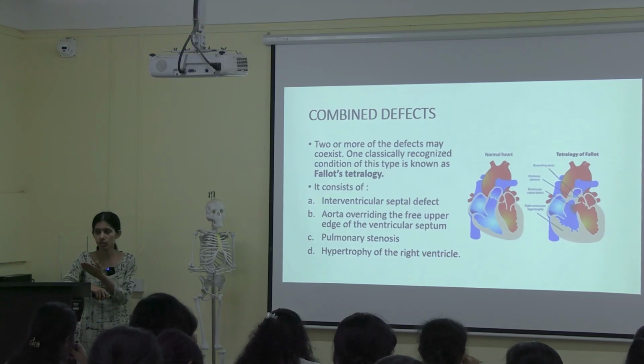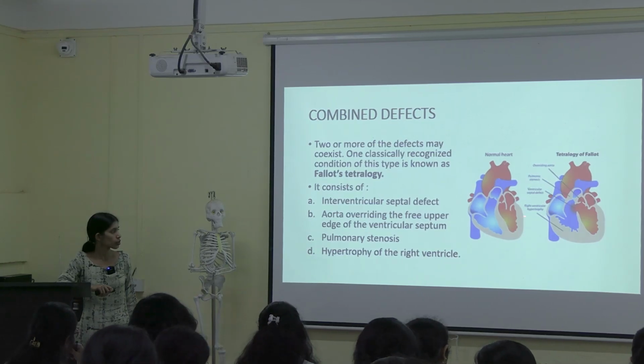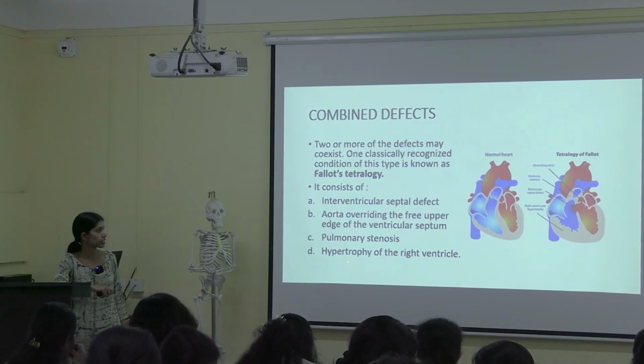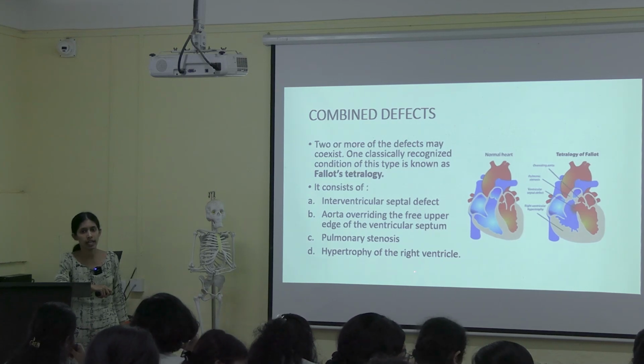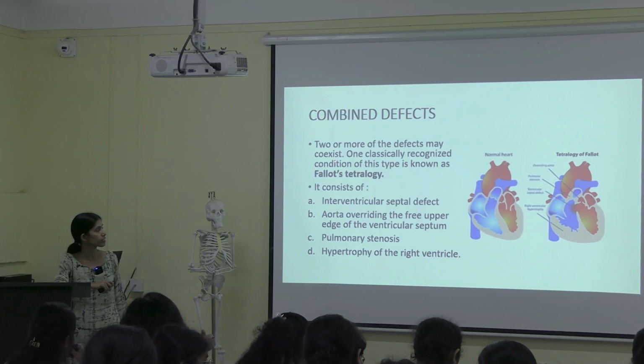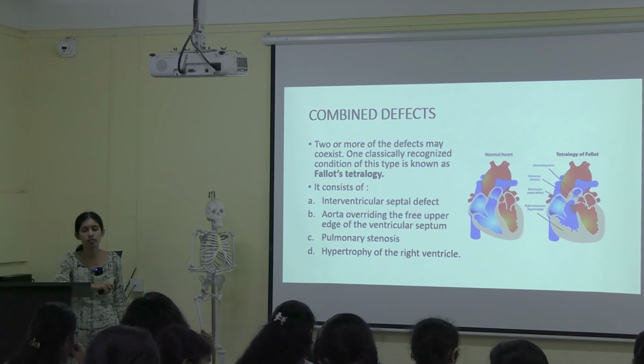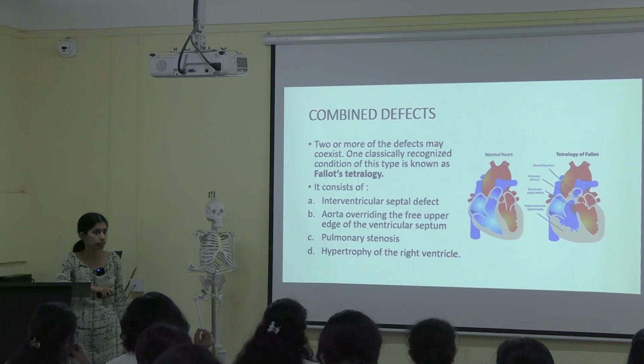Okay, whatever you said, thickening of the muscles and also the increase in size, both are the same. So here in this condition we can see the hypertrophy of the right ventricle. All these 4 conditions take place simultaneously and lead to an abnormality called Fallot's tetralogy.